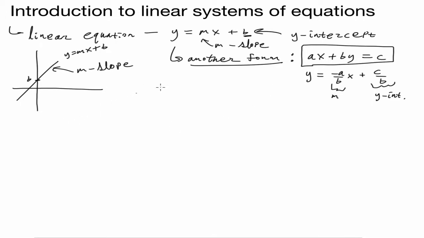Okay, so this is a linear equation, and I'll give an example of one. We could have a very simple one: x plus y equals 1. And we already know what this equation looks like. I can put it into slope-intercept form as simply y equals 1 minus x, and we can draw that on here as follows.